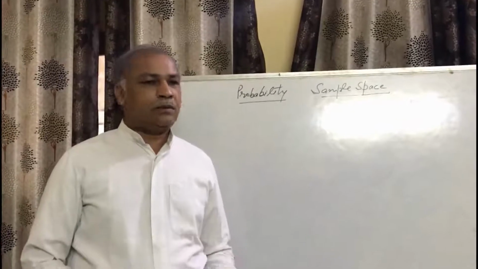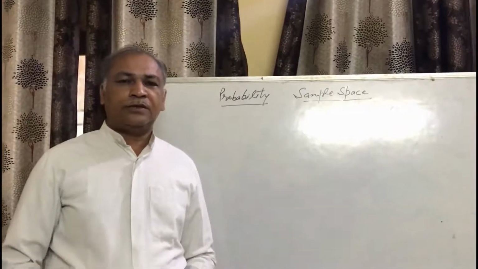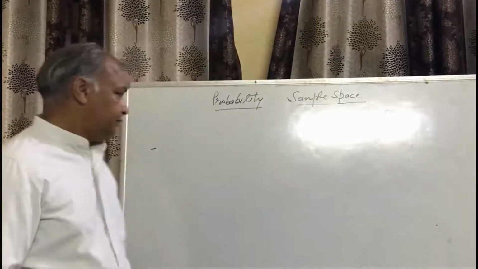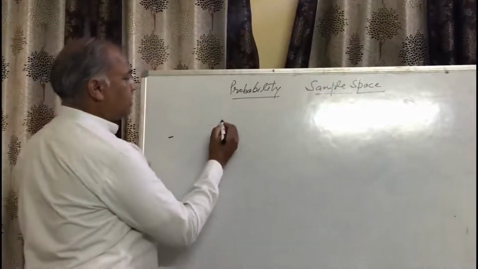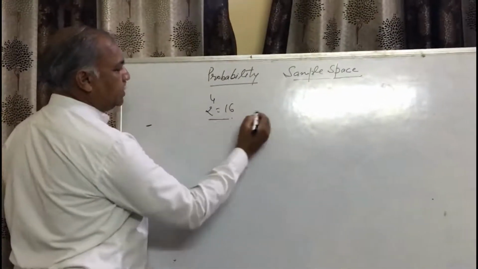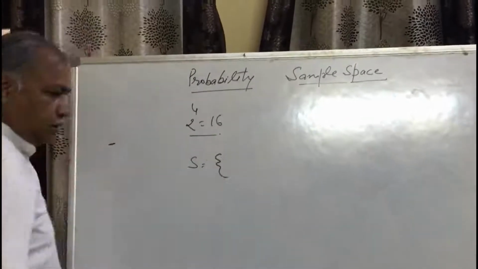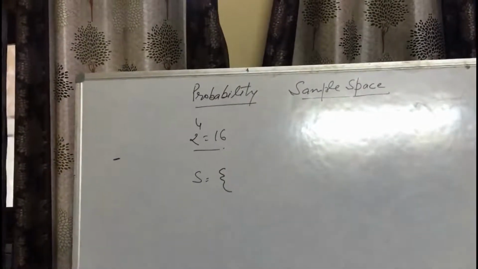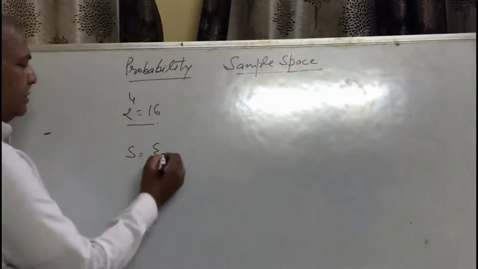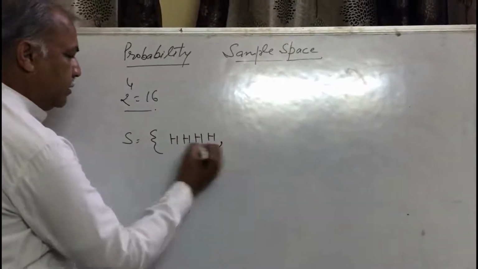But let us discuss the sample space when the coin is tossed 4 times. Total outcomes are 2 raised to the power 4, means 16. Let us try to write down these 16 elements of the sample space. Head, head, head, head.